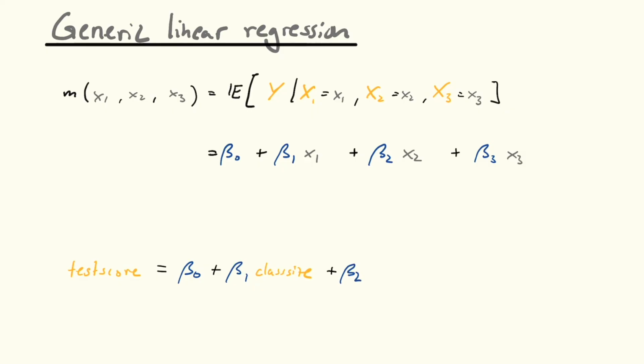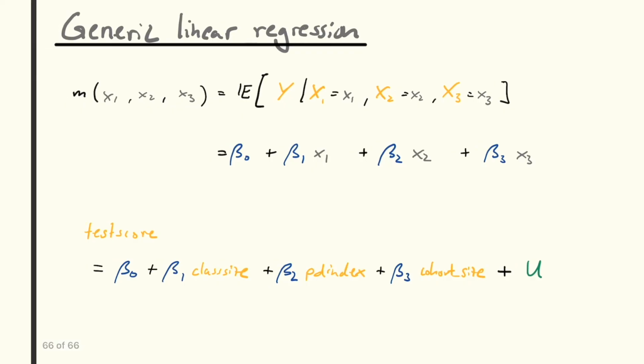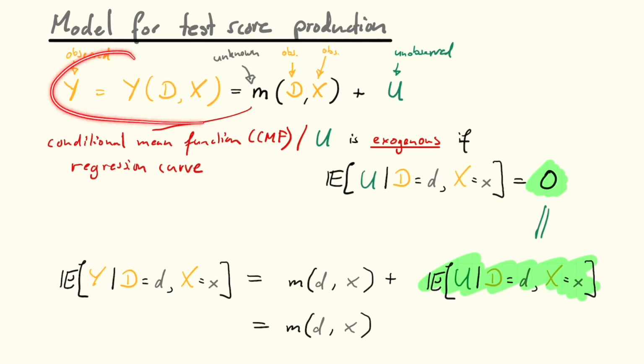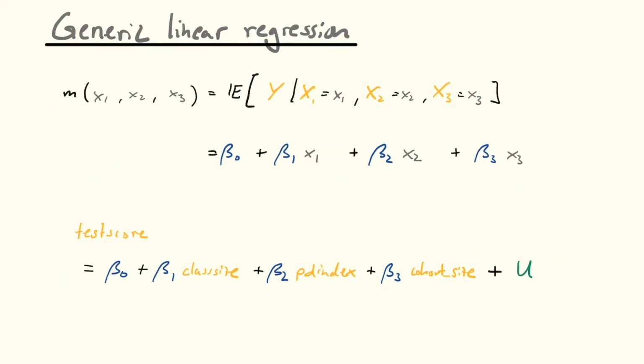And instead of x2, let's write PD index. Finally, x3 is the cohort size. Lastly, we put the error term. Let me make some room first. Now we can add the error term. Now we have rewritten our model for test score production in standard notation for linear regression.